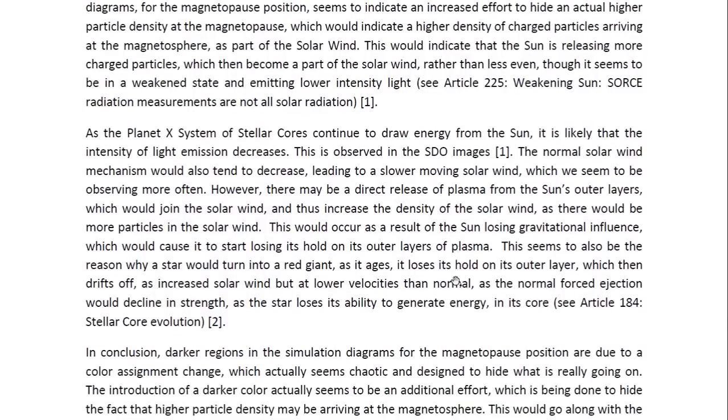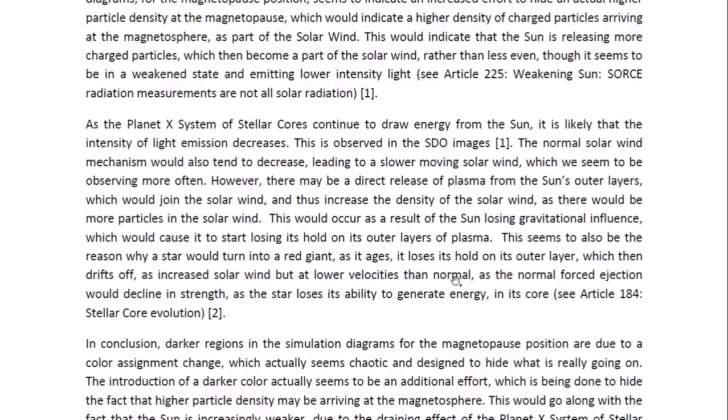However, there may be a direct release of plasma from the sun's outer layers, which would join the solar wind and thus increase the density of the solar wind, as there would be more particles in the solar wind. This would occur as a result of the sun losing gravitational influence, which would cause it to start losing its hold on its outer layers of plasma. This seems to also be the reason why a star would turn into a red giant as it ages.